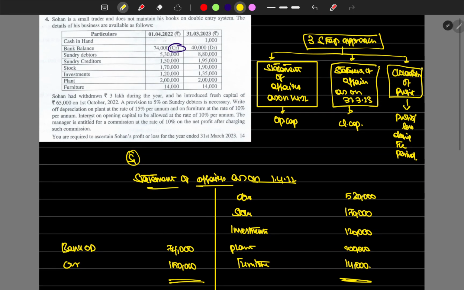So the opening capital, the balancing figure, comes to 8,10,000.